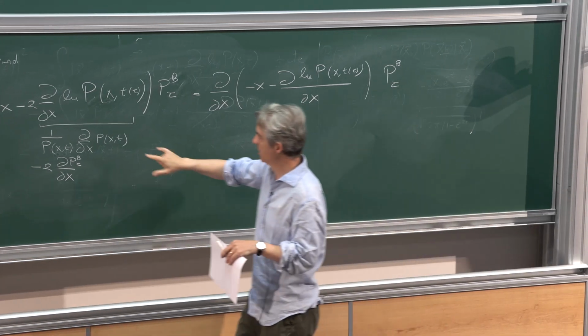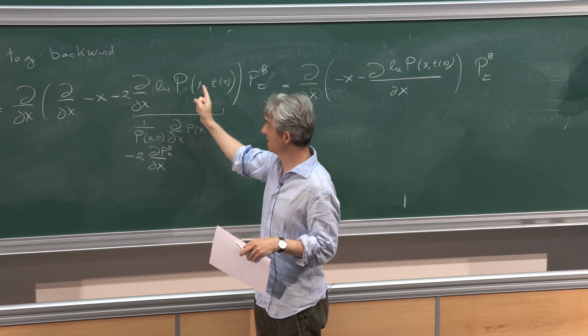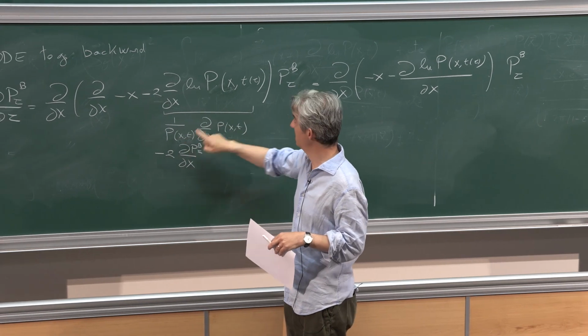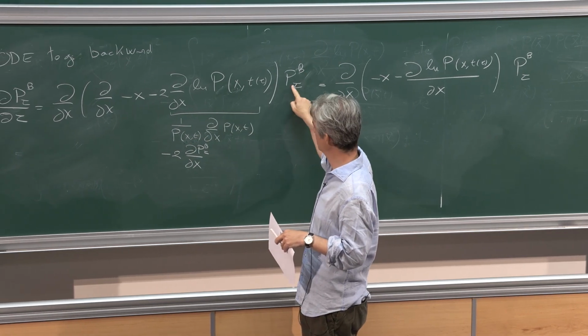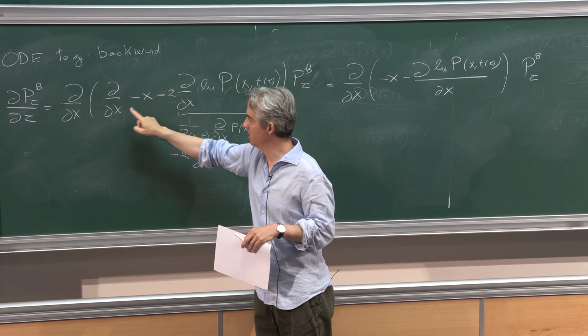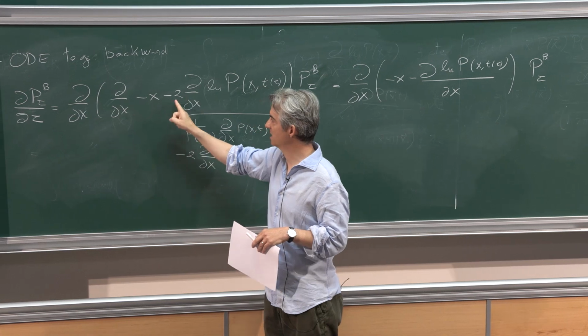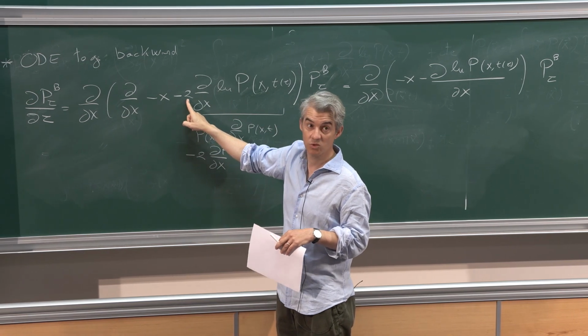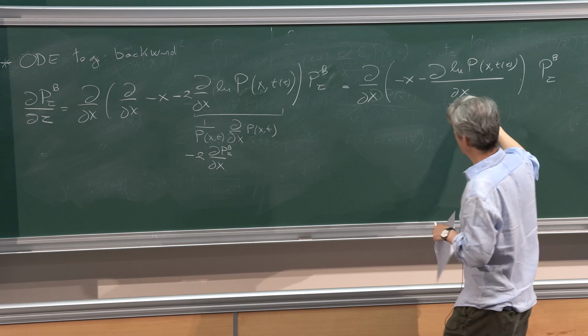Say it again. This term I transform this way since I know that p of x and t is the same thing as p tau backward, because this is the time reversal. So this term is just minus 2 this term. If I transform this minus 2 into minus 1, this is what I get.